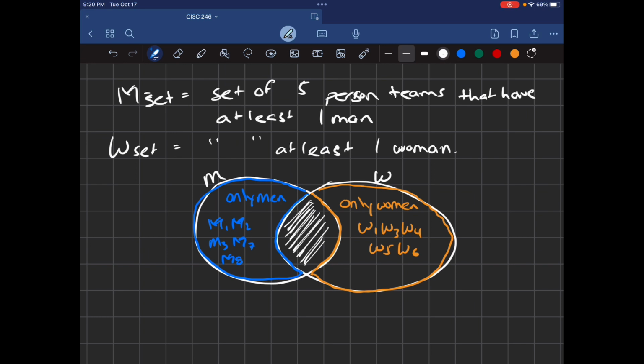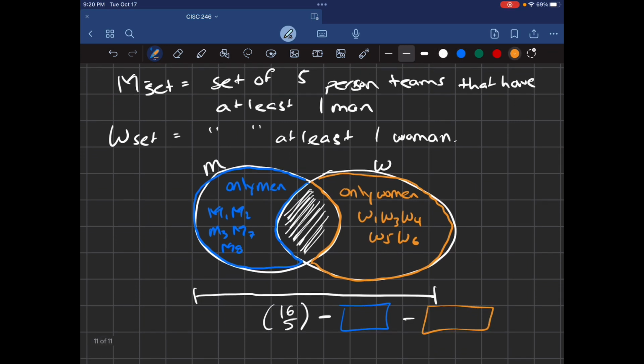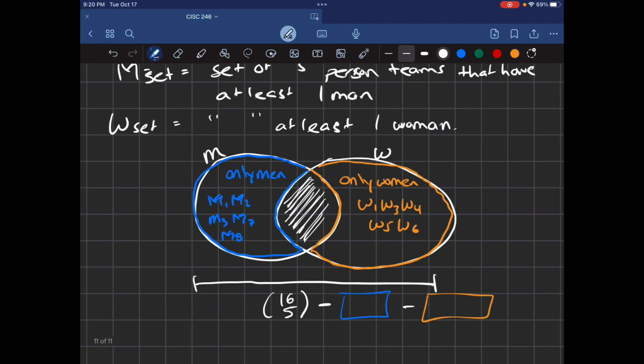So just like we've done before, we count all of them, and like I said above, this is 16 choose 5. Then we want to subtract the blue amount, and also the orange amount. How many are only men? Well, remember there's 9 men and 7 women, and we want a combination of 5.